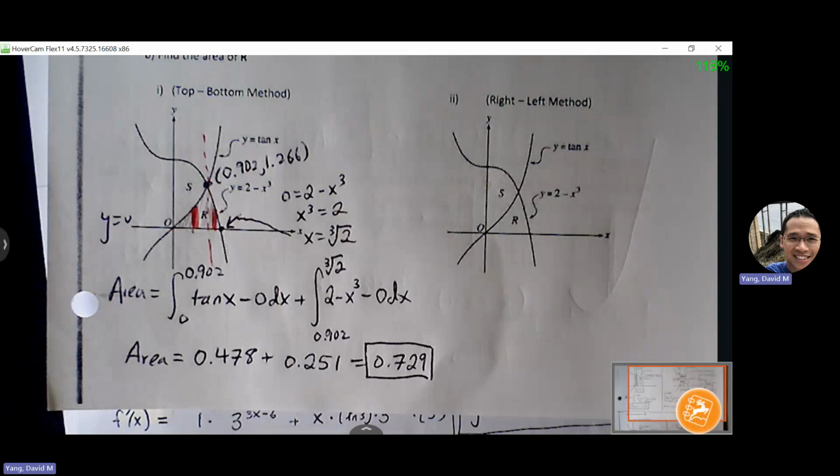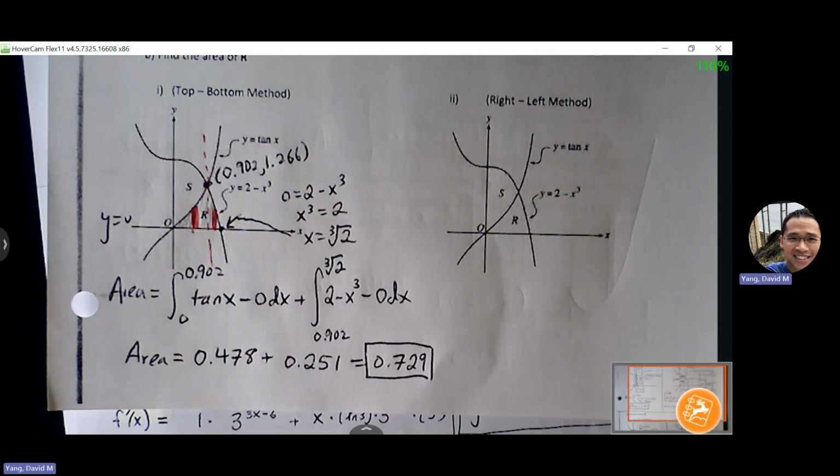You can drop that 0 out. I just want to show you that I'm following the formula for top minus bottom. Okay, any questions with top minus bottom for region R?